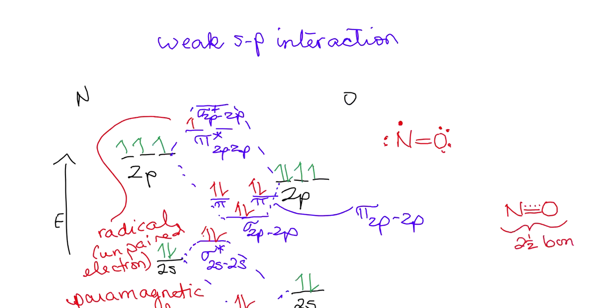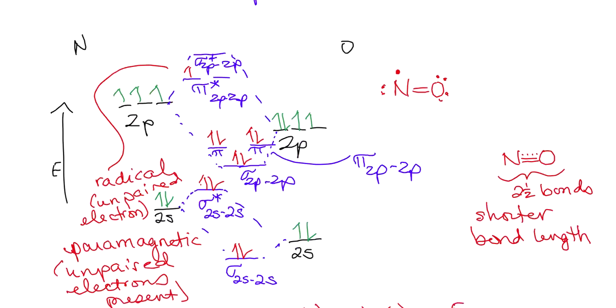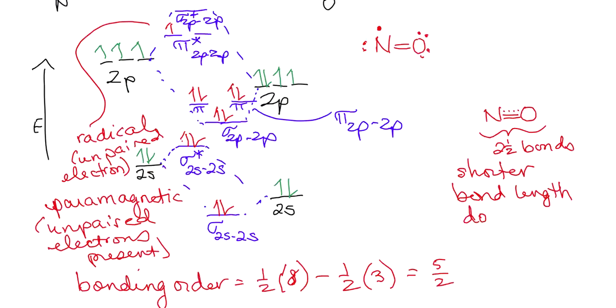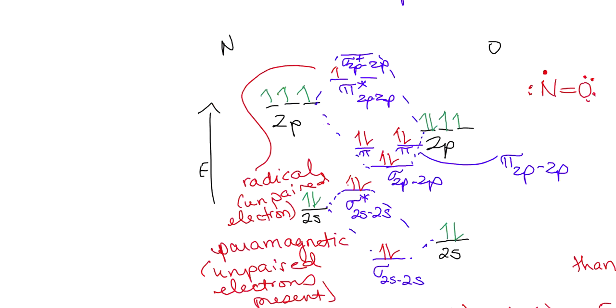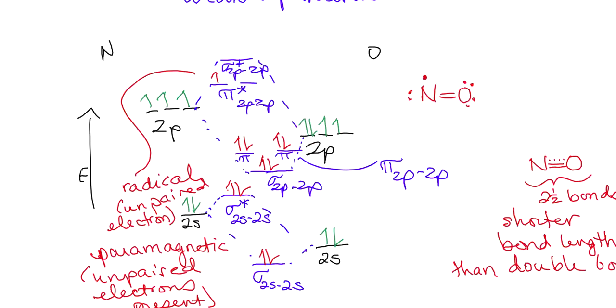And we can see that represented by a shorter bond length than you normally would expect with the double bond. Okay, so from our molecular orbital diagram of nitric oxide, we can determine that nitric oxide is a radical, it's paramagnetic, and the bond order is 2.5 bonds between the nitrogen and the oxygen.